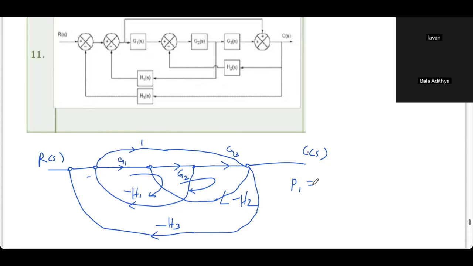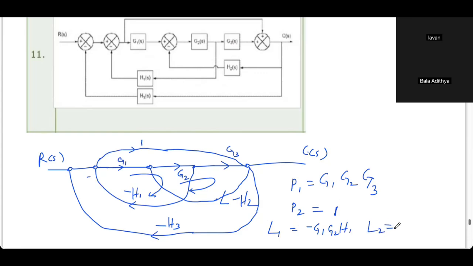So P1 is G1, G2, G3. P2 is 1. Okay. And what is L1? L1 is minus G1, G2, H1.